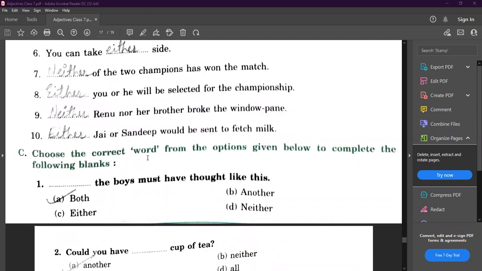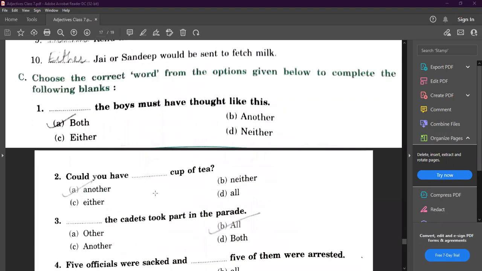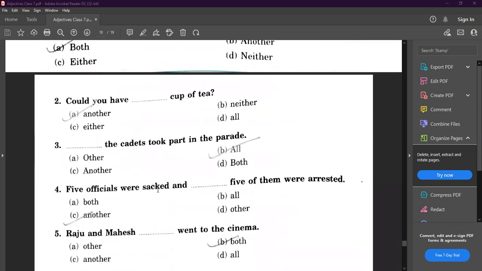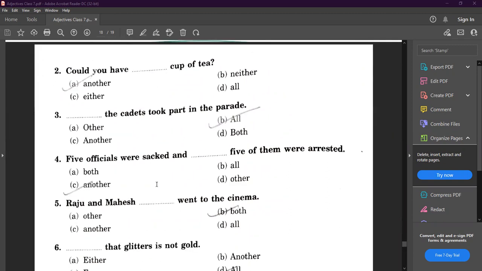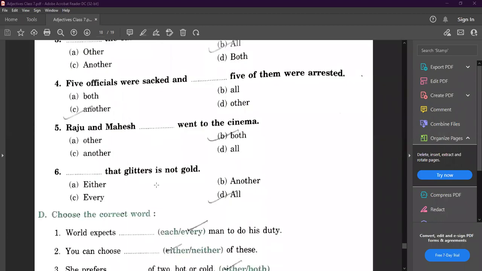Right? Then both the boys must have thought like this. Could you have another cup of tea? All the cadets took part in the parade. Five officials were sacked and another 5 of them were arrested. Raju and Mahesh both went to the cinema. All that glitter is not gold.